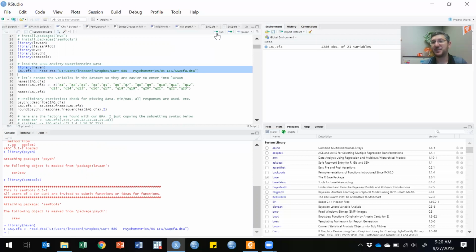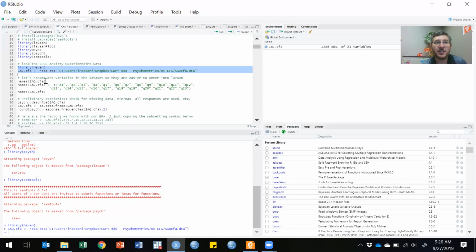So we're not confirming our theory on the same data that we developed it on. So we're going to load the half we didn't use for the EFA, and run our CFA on these.